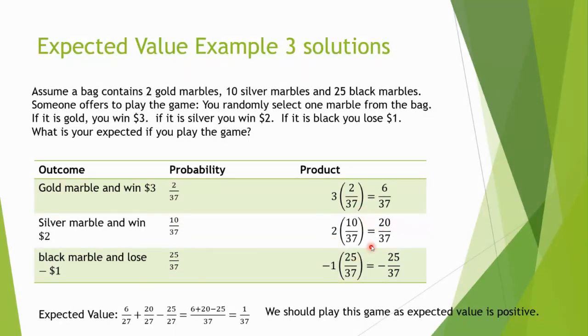Multiply the products, as you can see. We get 20 out of 37. Remember, when you multiply a number with a fraction, you only multiply the numerators. That's all you do.